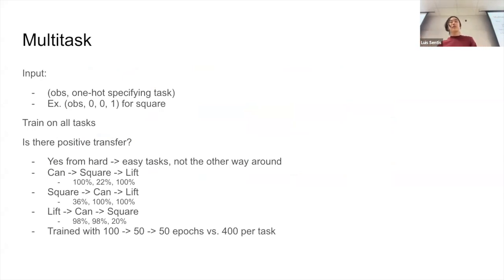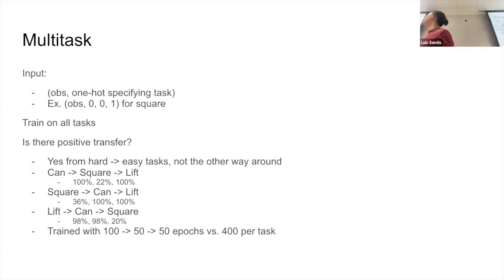So the core idea of multitask learning is that instead of training on just one task, you add some information that specifies which task you're working on, and you train on all the tasks. You're hopefully learning some common representation that can generalize between all the tasks and maybe even boost performance. There's actually positive transfer when I go from a hard task to an easy task. If I train 400 epochs on lift, just lifting a block, it's pretty simple, you can get 100% accuracy after maybe 150 or 200 epochs.